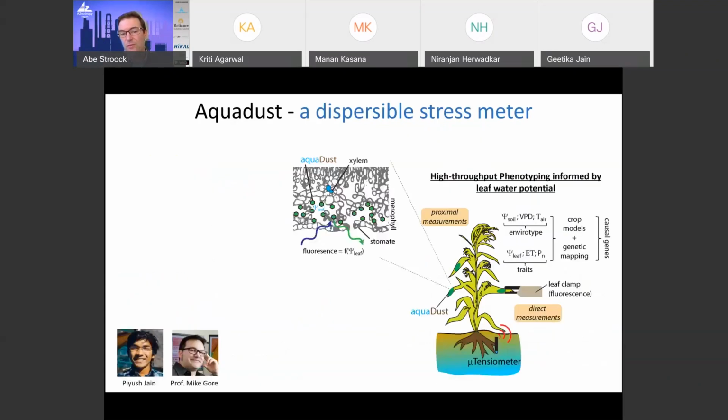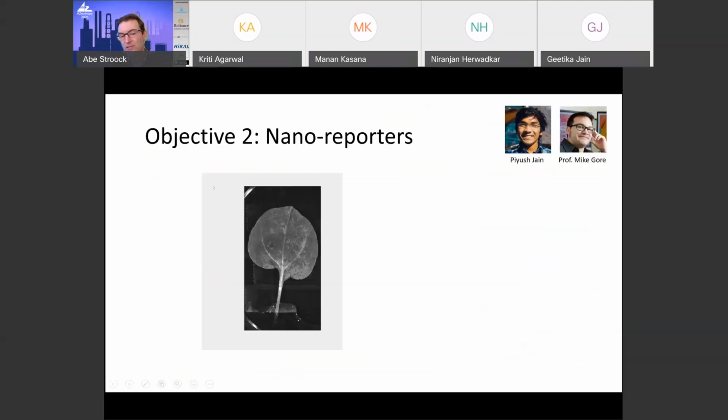I'll just tell you very briefly about a project ongoing right now where we're bringing sensing even deeper into this boundary layer on our atmosphere, inside leaves, with a dispersible sensor of this same parameter water potential based on the dynamics coupling of a gel and a fluorophores. And what this allows us to do is take an image of a leaf that would look like this without our sensor and give it life.